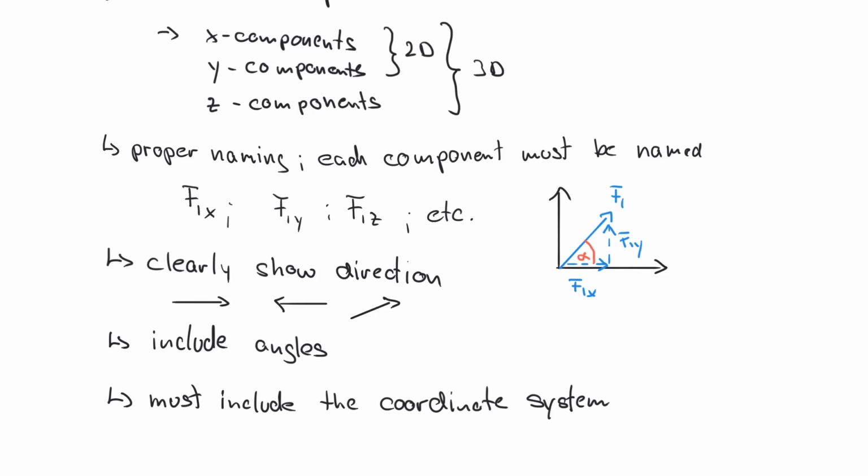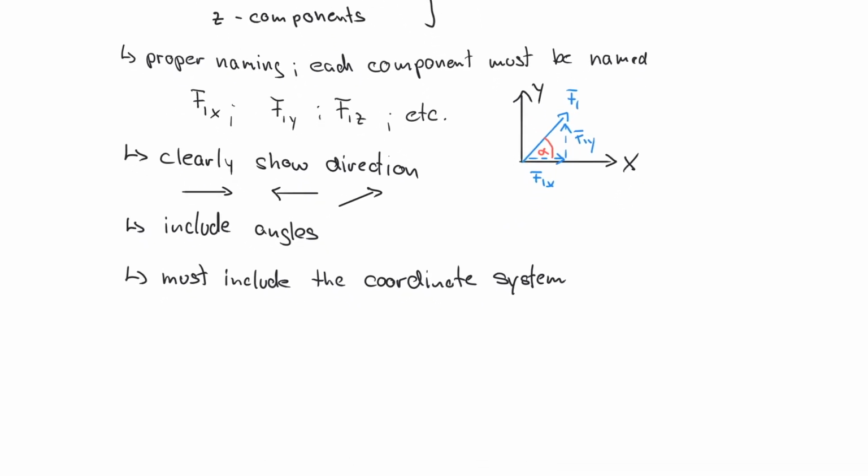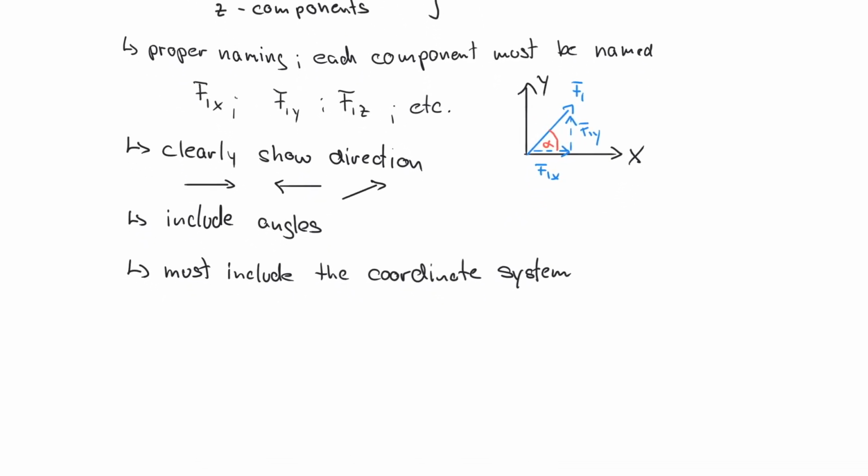So you need to provide a proper reference. So for example, here is X and Y. And then a few other things that may or may not be part of your free body diagram. So for example, sometimes you have masses in there. So masses are represented by particles.